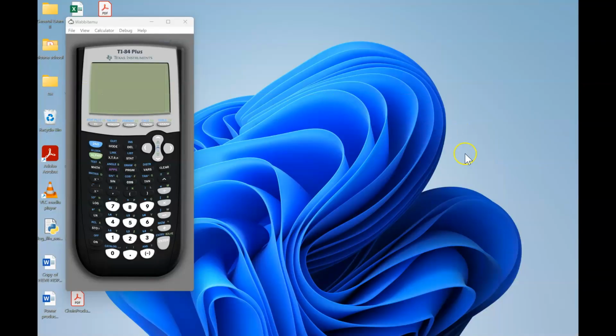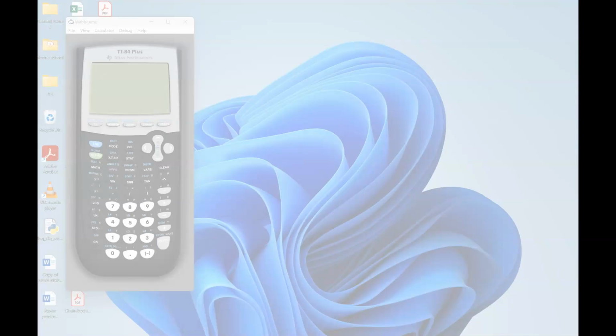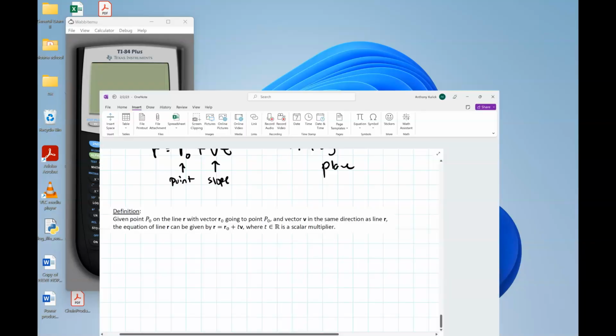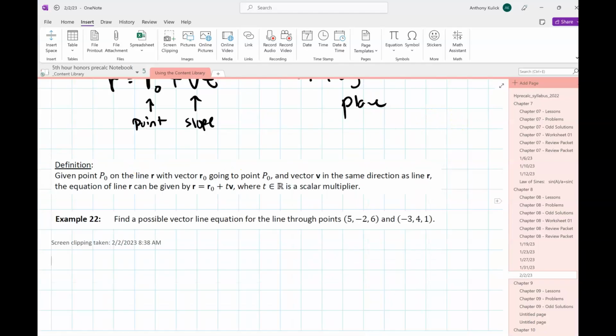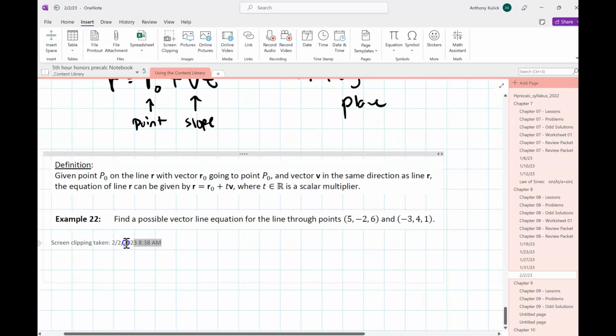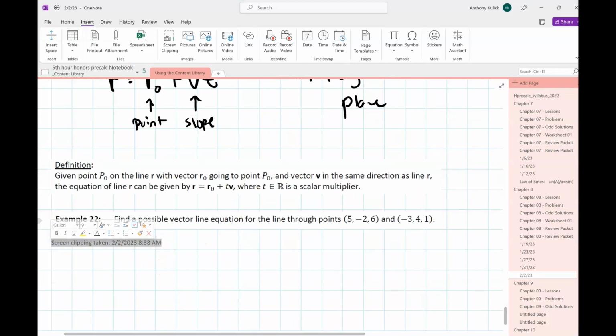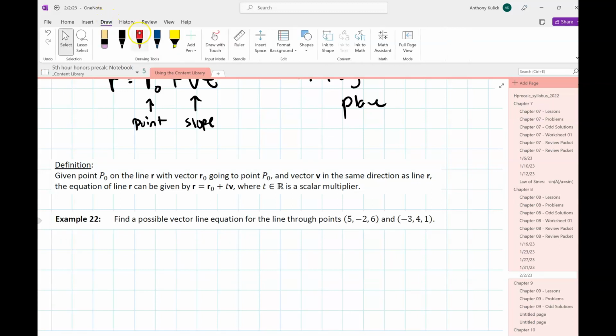So how am I going to turn 2 3-dimensional points into a vector line equation?